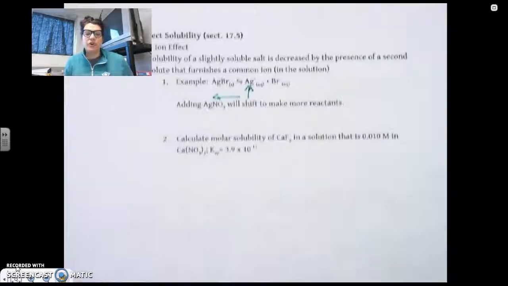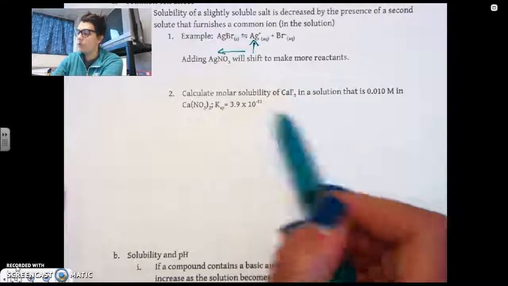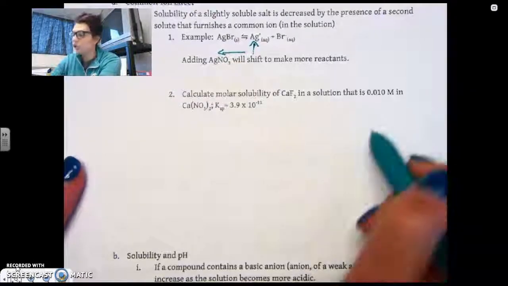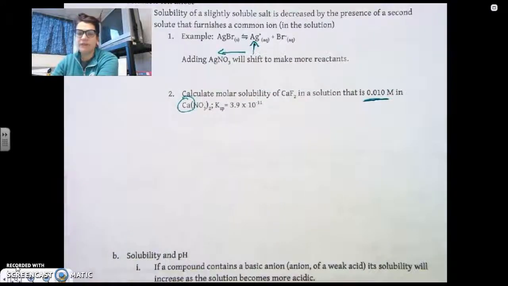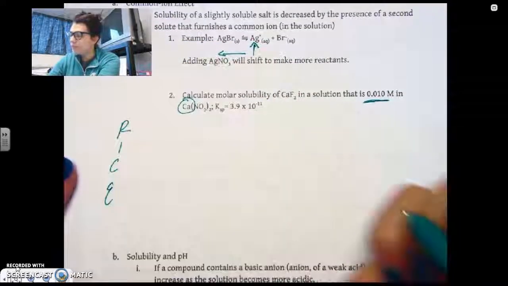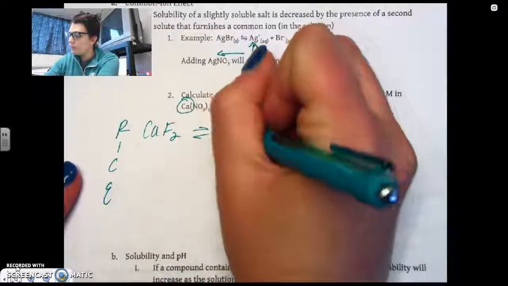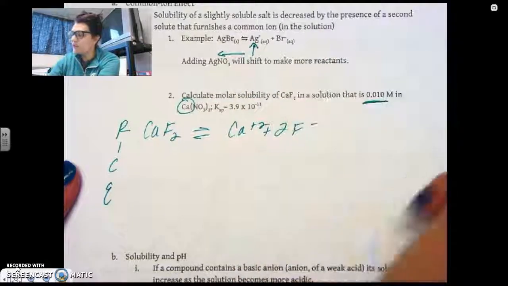So if I'm looking for the molar solubility of calcium fluoride in this solution, I have to realize that I'm starting with calcium already in the solution. So when I RICE this, I have calcium fluoride in equilibrium with calcium ion and 2 fluorine ions.